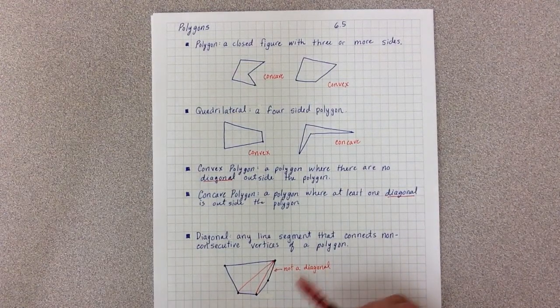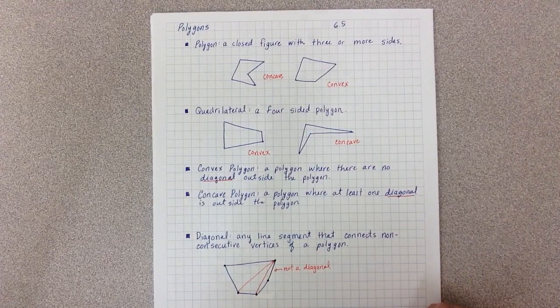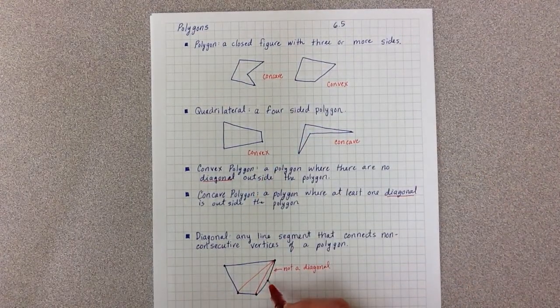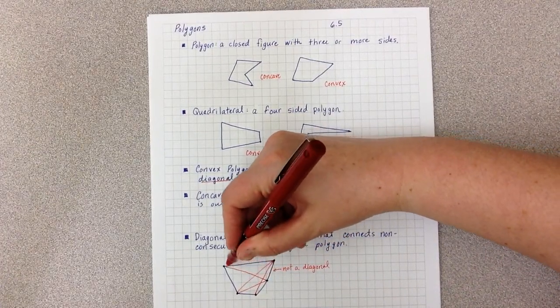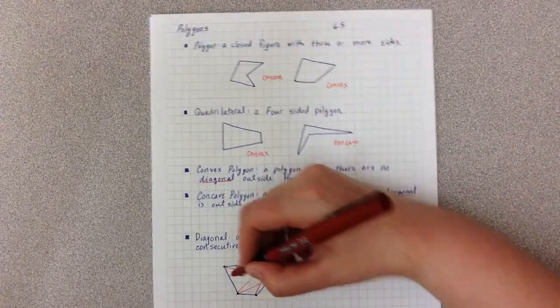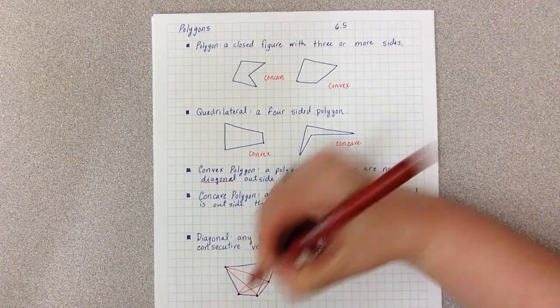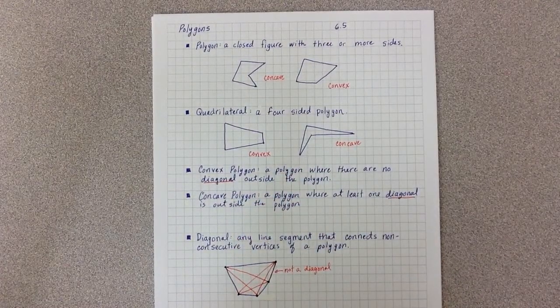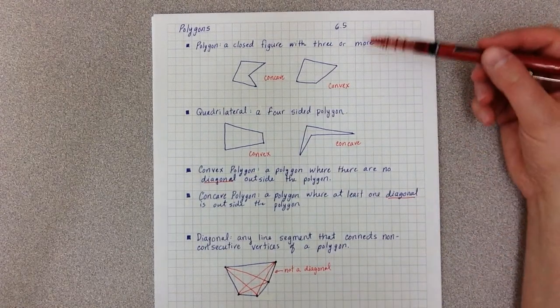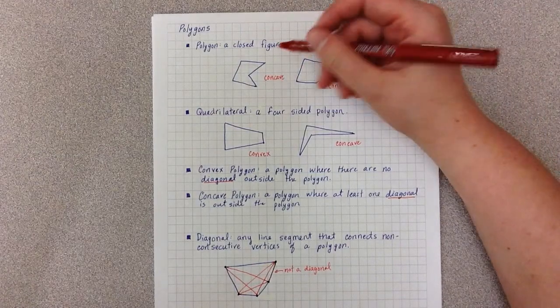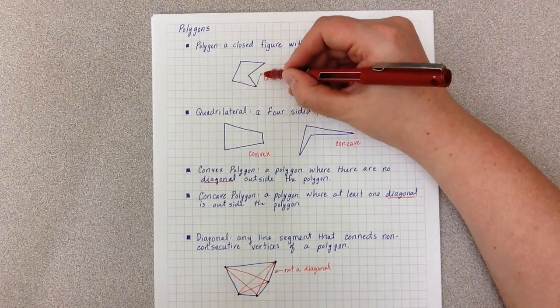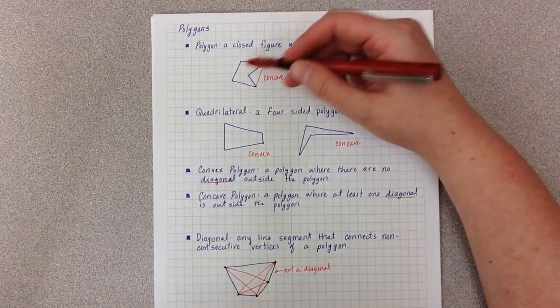Now, if I continue to draw all the diagonals here, I can get a pretty design. We'll do that, just to see how this is going to look when we're all done. And you'll see here I get this kind of wonky looking star, but it's kind of an interesting thing. If I go back and look up here at these polygons, the concave ones, a diagonal that I draw is outside the polygon.